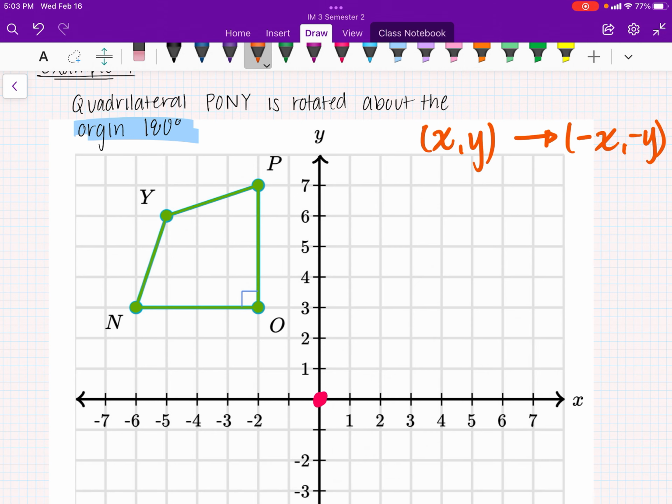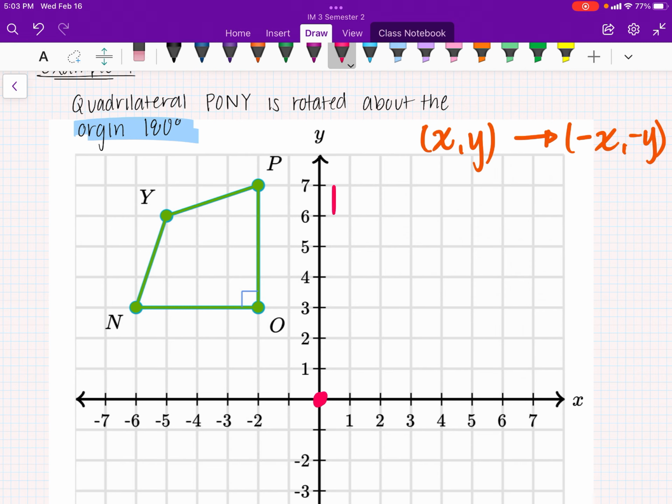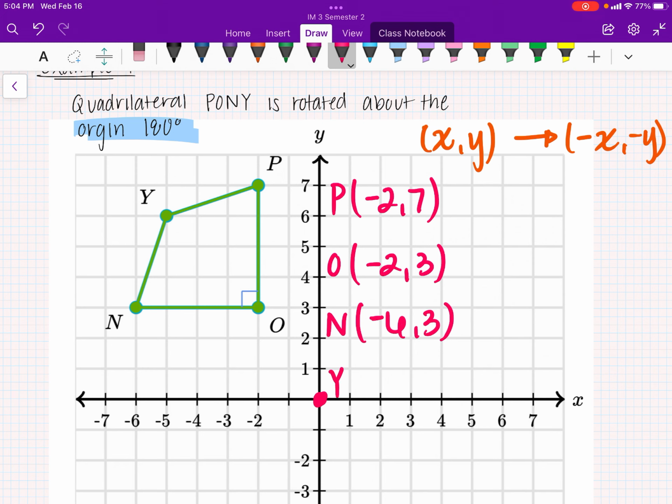So I'm going to go ahead and write my points down. P is (-2, 7). O is (-2, 3). N is (-6, 3). And Y is (-5, 6).